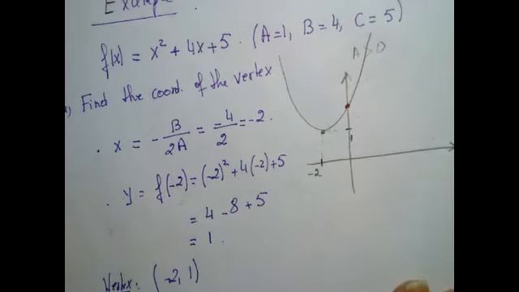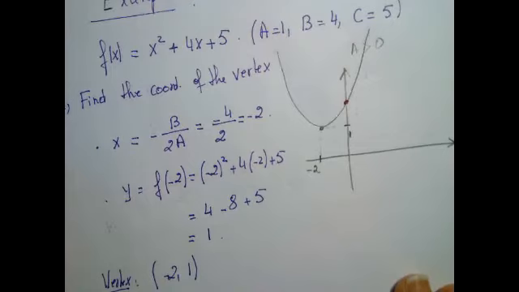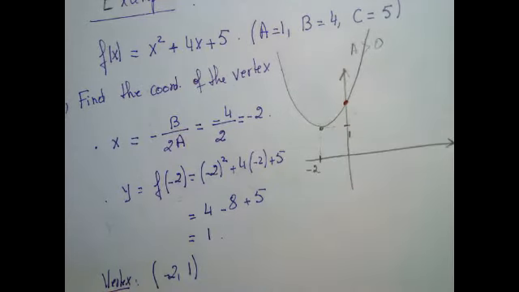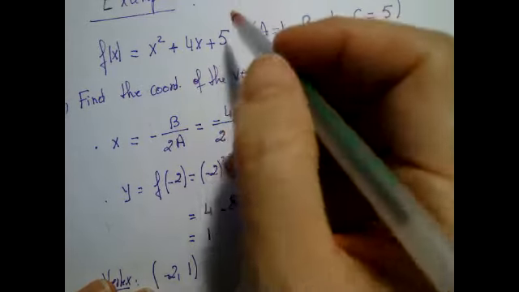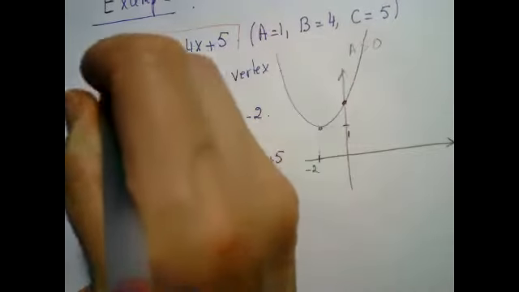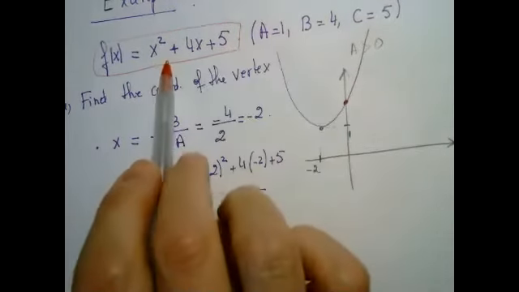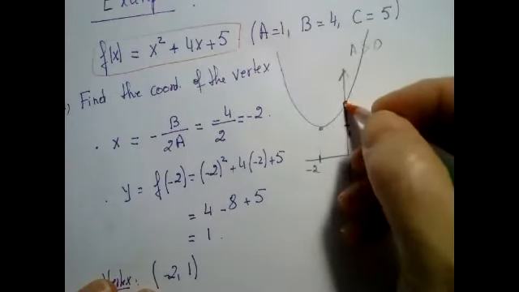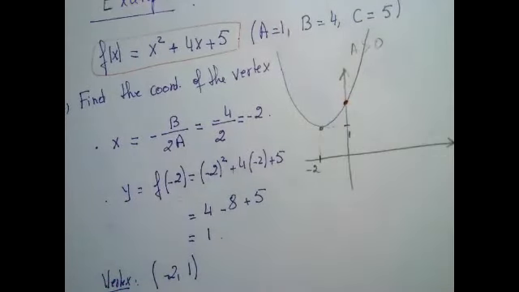How do you find it? I'm looking for this value. Remember, what we are graphing is this function. If you graph it, you're going to get this shape. I want this. What's that?